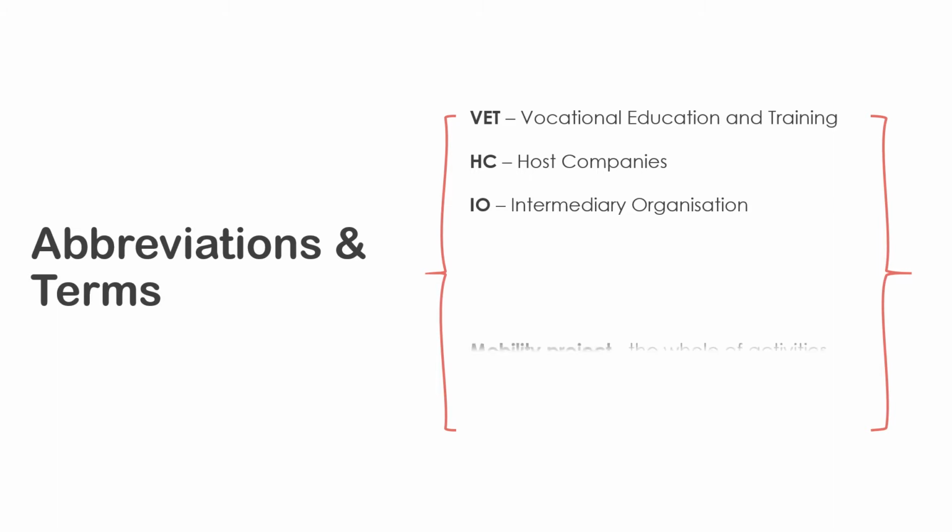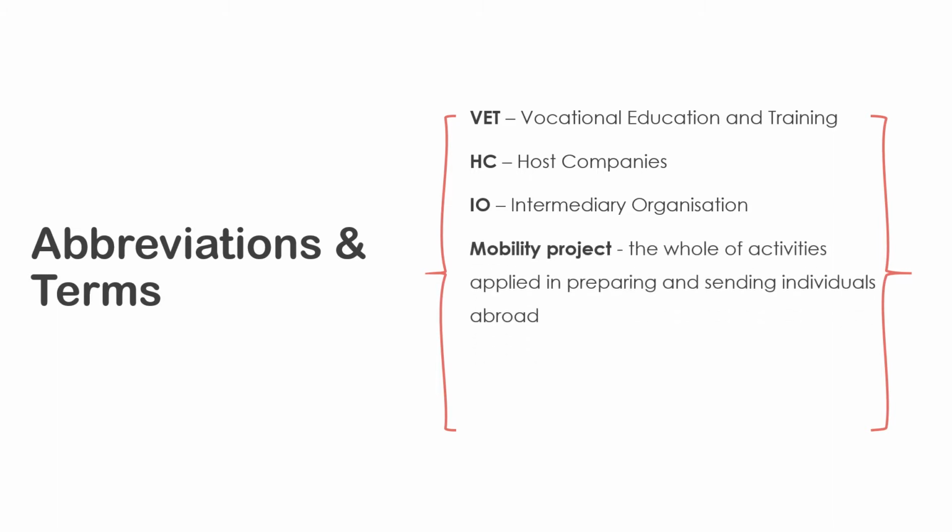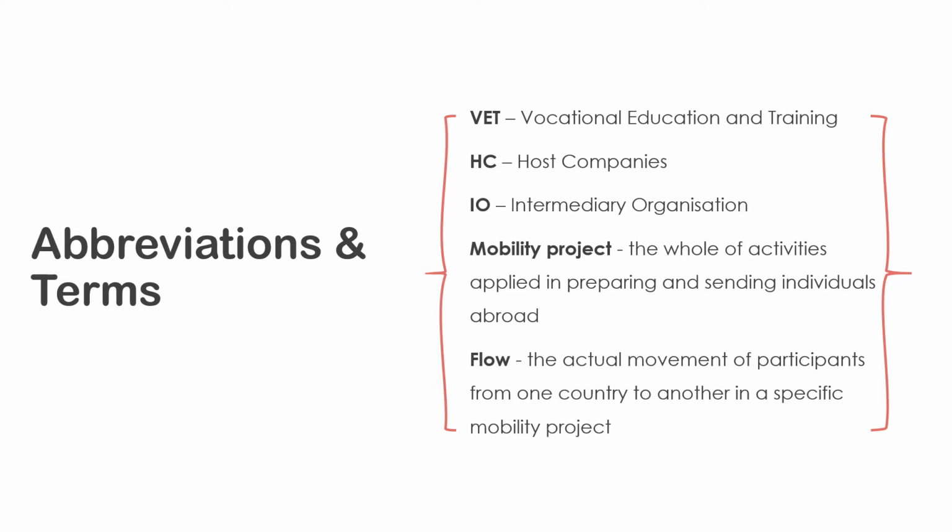A mobility project is the activities applied in preparing and sending individuals abroad, and broadly speaking, it consists of three phases, namely planning, implementation, and evaluation. A flow is the actual movement of participants from one country to another in a specific mobility project. In this context, the movement of one or a group of VET students to a vocational training placement abroad.